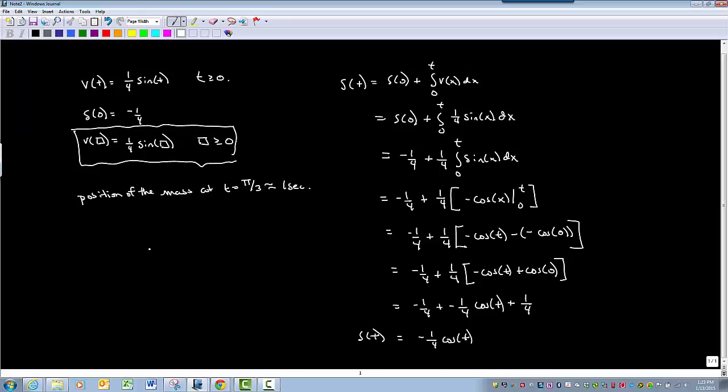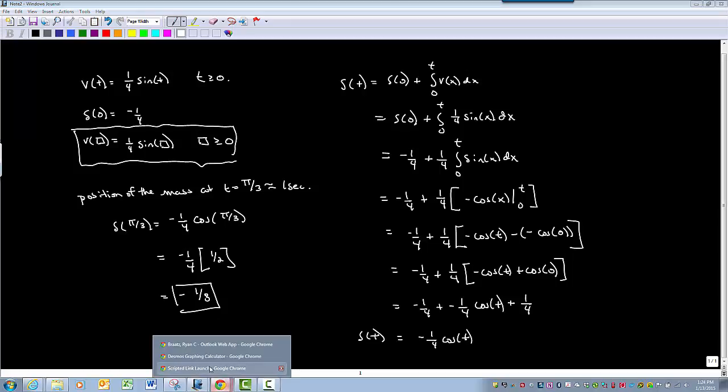The position of the weight at pi over 3 is equal to negative 1/4 times the cosine of pi over 3. The cosine value at pi over 3 is 1/2, and so that will be negative 1/8.